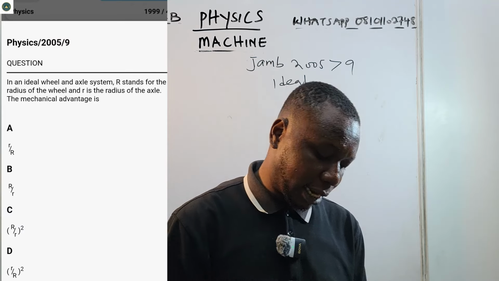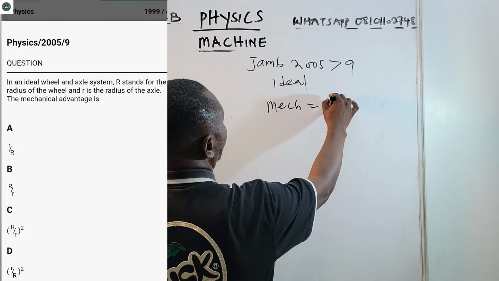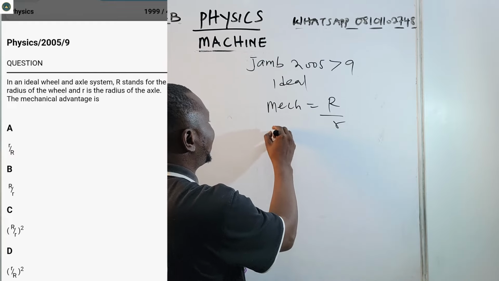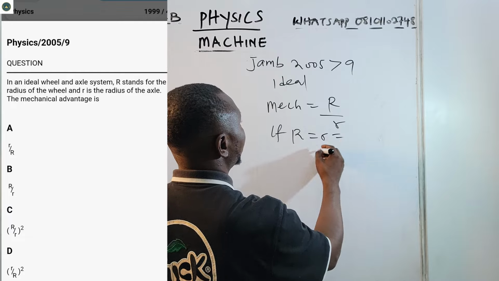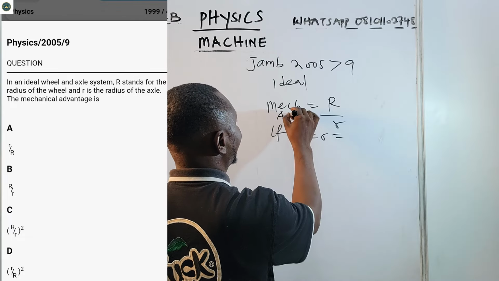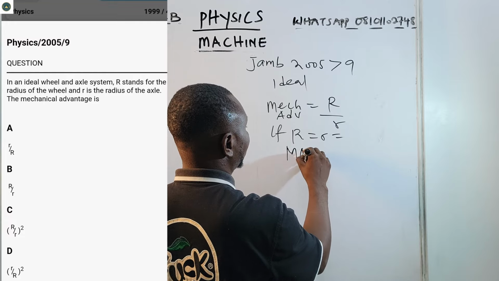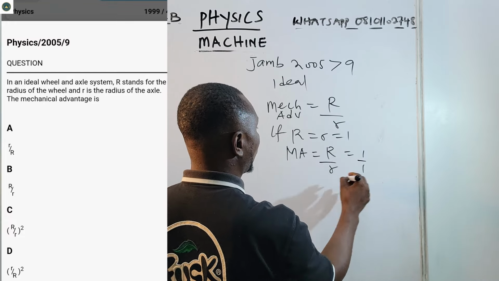What is the mechanical advantage? Okay, the mechanical advantage is R over r. We said it before. Now, if R is equal to r, what happens? It means mechanical advantage, R over r, let's say is 1 over 1.